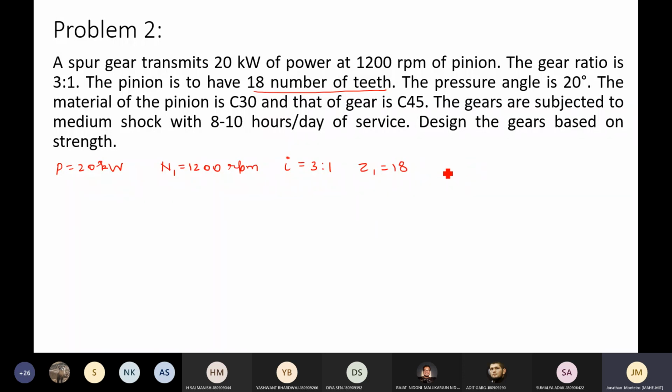The pressure angle is 20 degrees, so alpha is 20. The material of the pinion is C30 and the gear is C45. We'll come to that when we discuss sigma D. And the gears are subjected to medium shock with 8 to 10 hours per day of service.